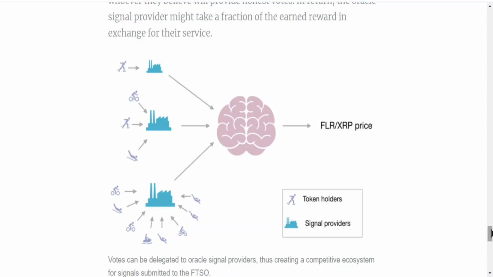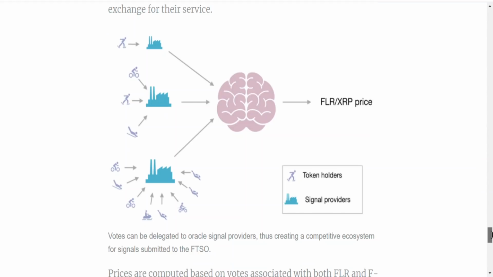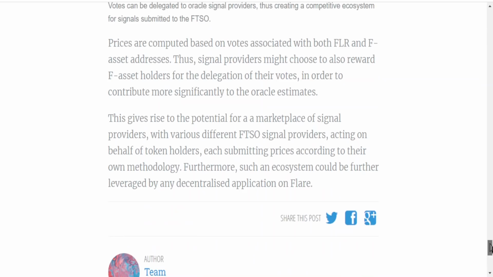So price discovery for XRP USD is going to be the best coming out of the Flare network, more so than looking at CoinMarketCap even, because you know this data is going to be the most accurate because it's decentralized and it's removing the top 25% and the bottom 25%, and it's bringing together only that 50% in the middle, the most accurate.